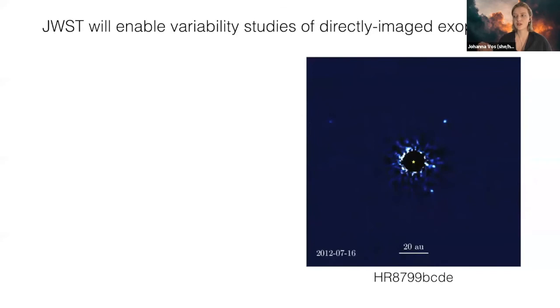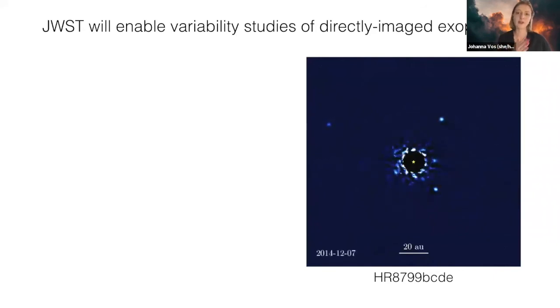And we've been observing these planets for over a decade. So if you put all of the images together, we can actually watch them rotate around their host star, which is really, really amazing. And all 4 planets have late L spectral types.